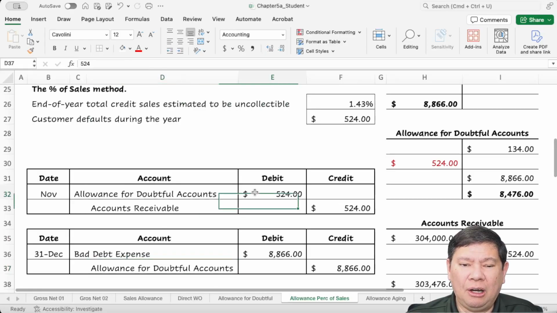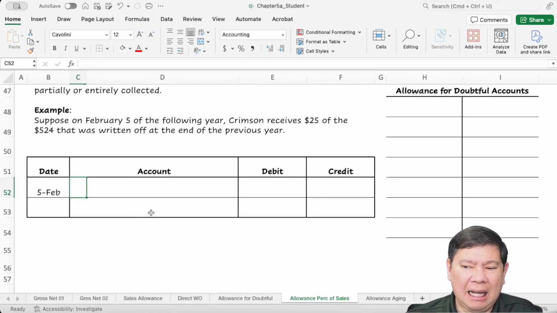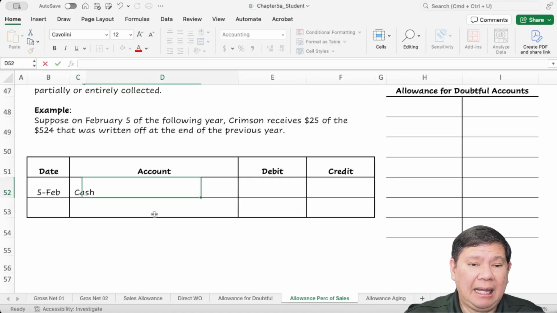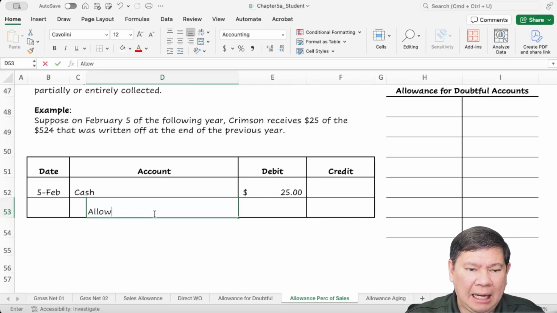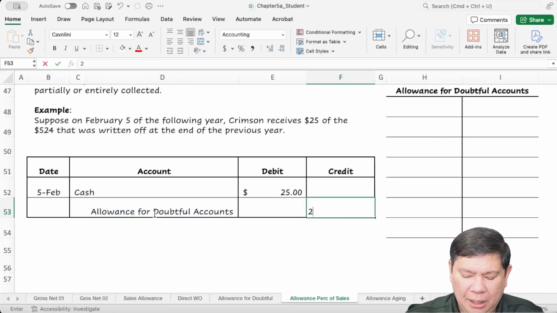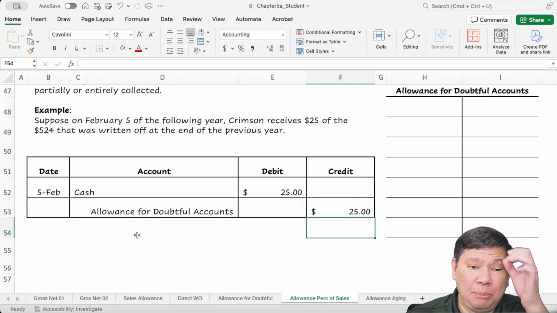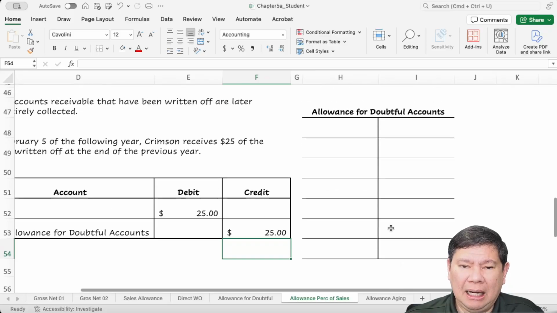So we wrote off $524, and then this customer pays us cash $25, and that will put allowance for doubtful accounts $25. Okay, so we put back that $25 to our allowance.